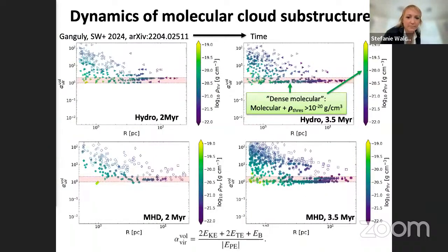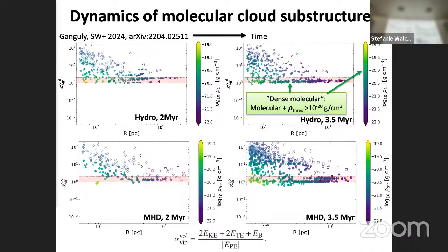Now, if we look again at this alpha vir as a function of radius for different times, then we can learn several things. If we go from left to right, we show 2 different times. Here the cloud is very young, here it is a little bit older. On the top, we have the hydrodynamic case, and here we have the magnetohydrodynamic case.